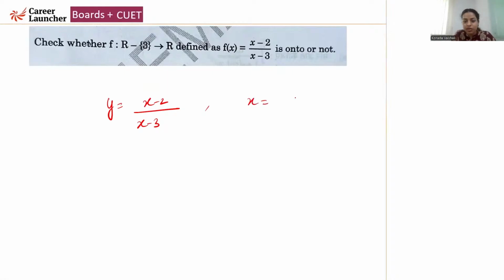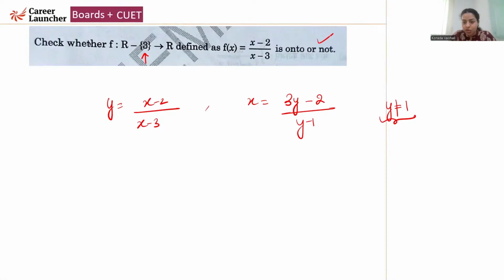So if you solve this, you will get x is equal to (3y minus 2) divided by (y minus 1). Now here we are excluding the value 3, that too from the domain, but in the co-domain we are taking real numbers. So it means y cannot be equal to 1. So because for that one particular value you do not have a pre-image, this is not going to be an onto function, right?